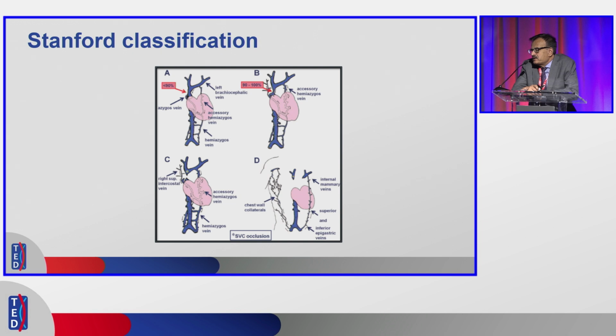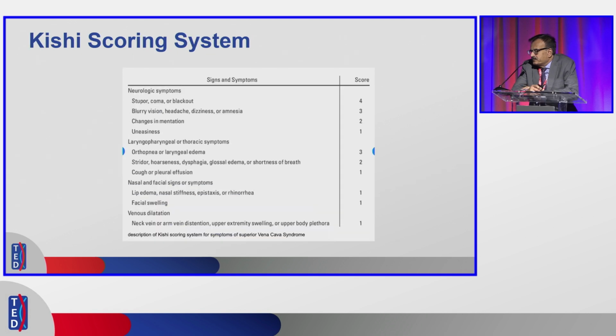These are some depictions of the collaterals that develop depending on the level and the tightness of the obstruction. Now, there's a clinical scoring system, which is the Kishi scoring system. You have to define which ones you are going to treat based on neurologic symptoms, which involve stupor, coma, blackout, blurry vision, and headache, and each one is given a point.